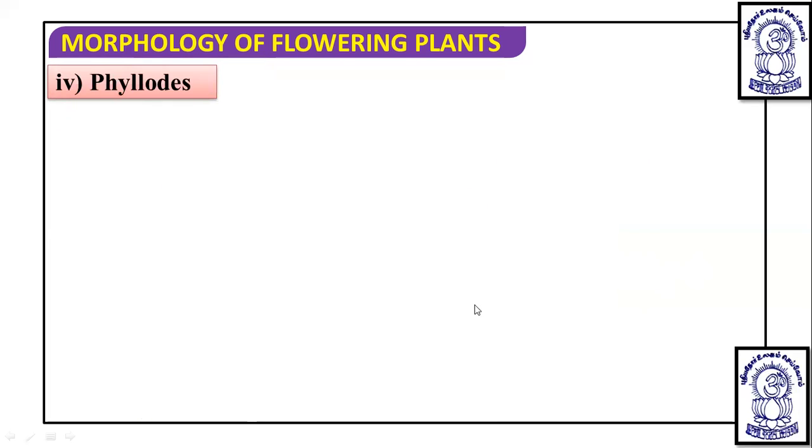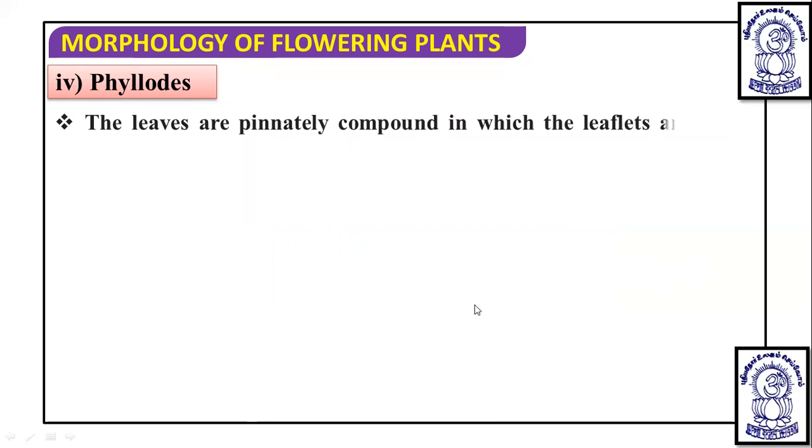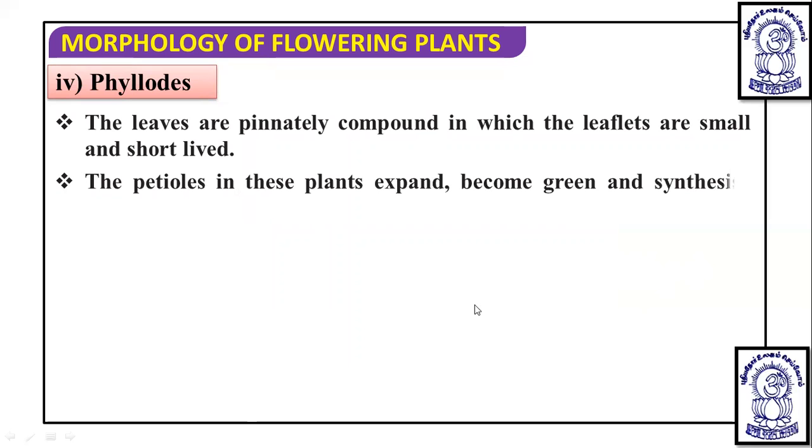Then the next modification is phylloid. Here the leaves are pinnately compound and the leaflets are small and short-lived. So here the petiole of this plant expands or gets swollen and becomes green and synthesizes food. The leaflets are small, so they are not able to perform photosynthesis.